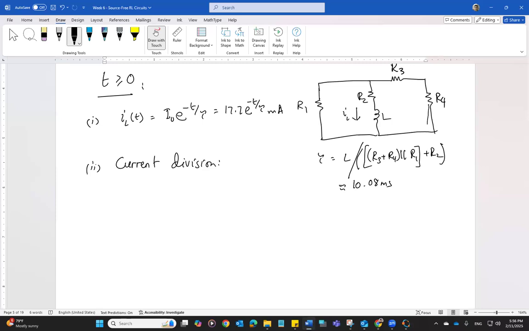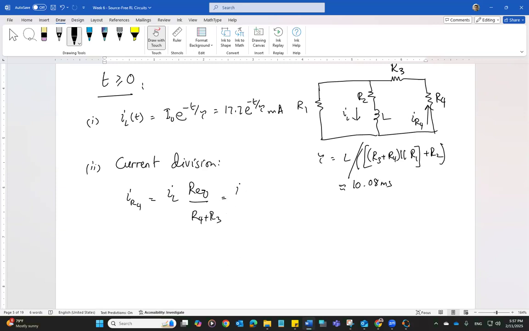And find this current, IR4. So using current division, since total current is IL, IR4 is going to be equal to R equivalent over R4 plus R3 because they are in series with each other.